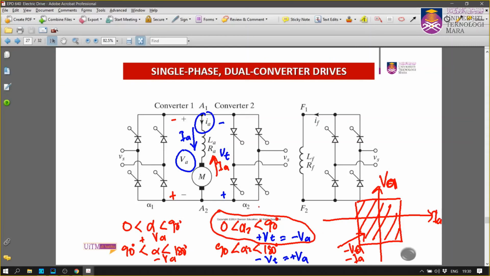Converter number 2 will operate, and you trigger with alpha 2 equals 0 to 90 degrees. Then you have a negative VA, current also flows in that direction. Okay, right. So that's the operation of a single phase dual converter.